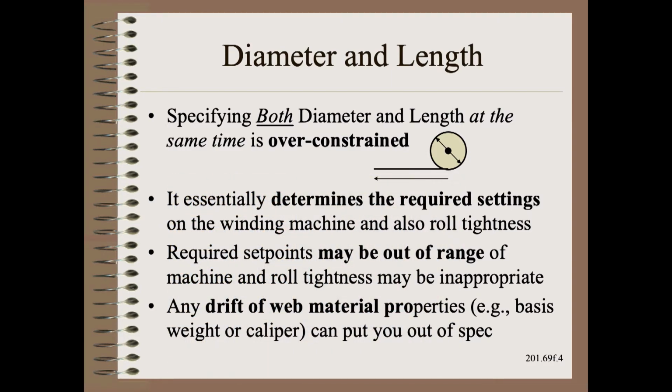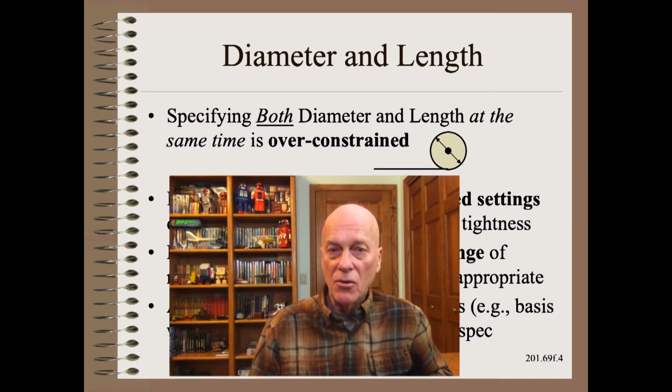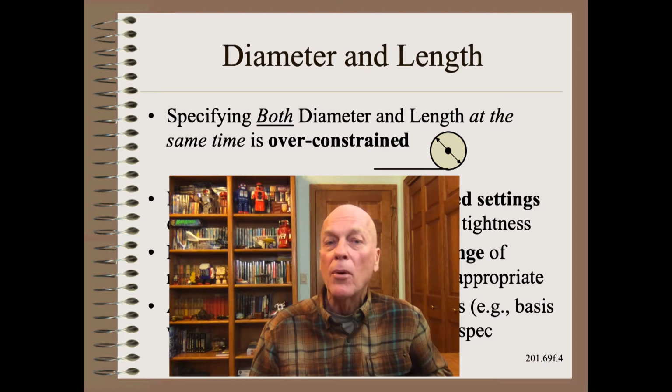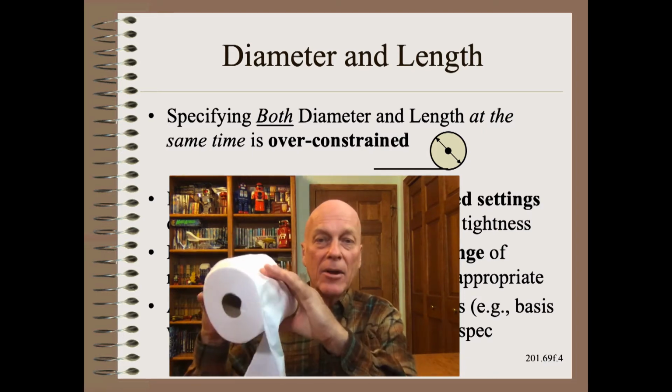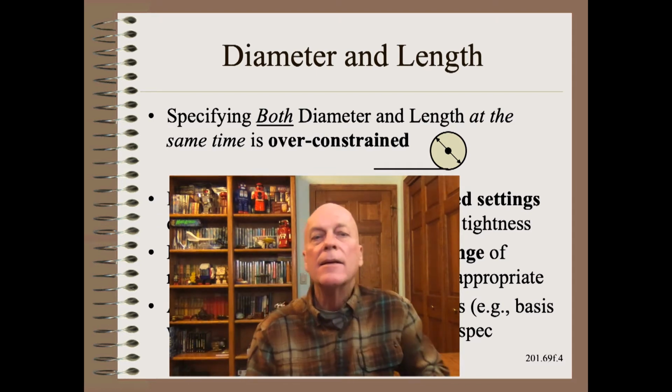The reasons for this are a bit more involved than we can cover here. However, we do that in great detail in my award-winning and trademarked Web 101 winding course. To make a long story short, there are 3 connected wound roll parameters: diameter, length, and tightness.